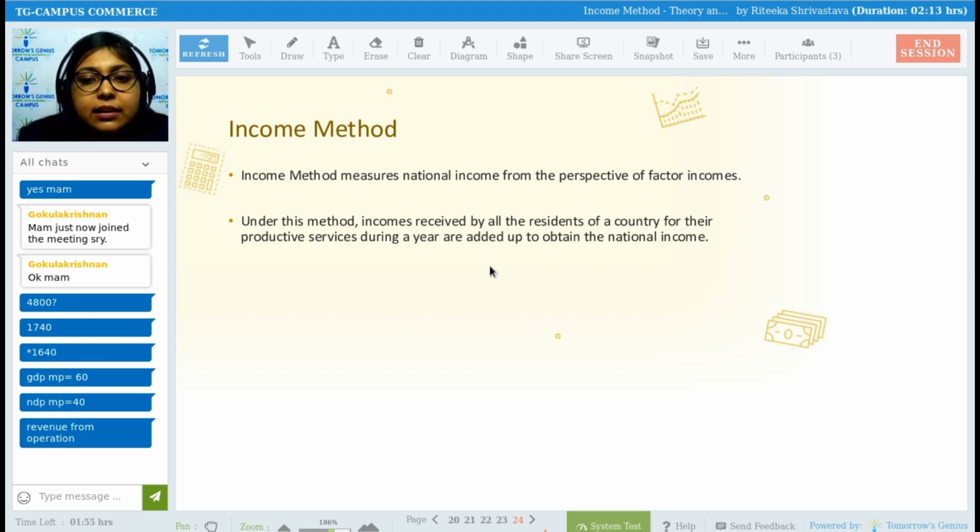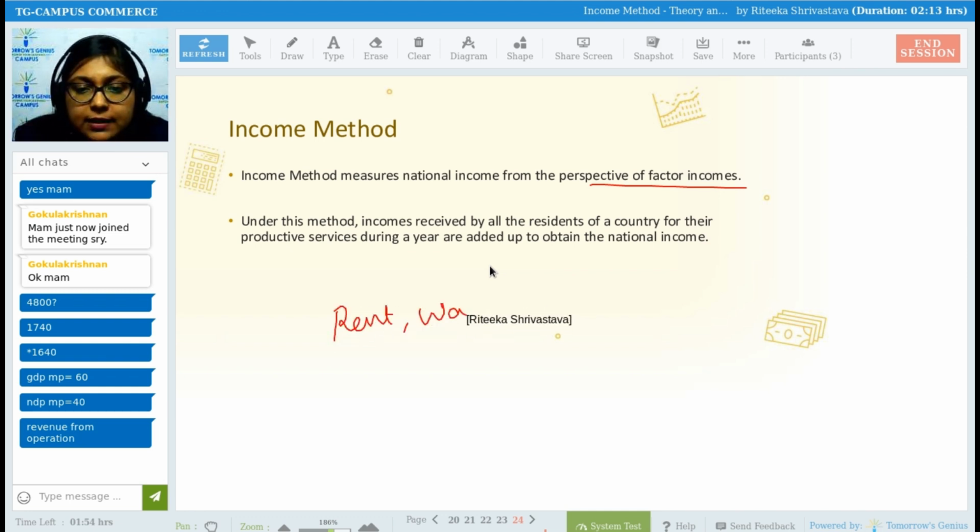So income method measures national income from the perspective of factor incomes. By now I hope you all know what we mean by factor incomes. We know what factors of production or factor services are. The returns given to factor services are called factor incomes. So what are factor incomes?